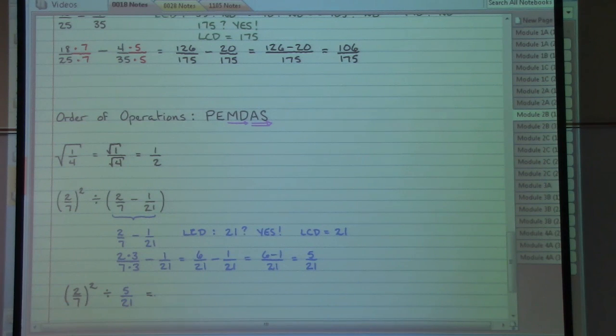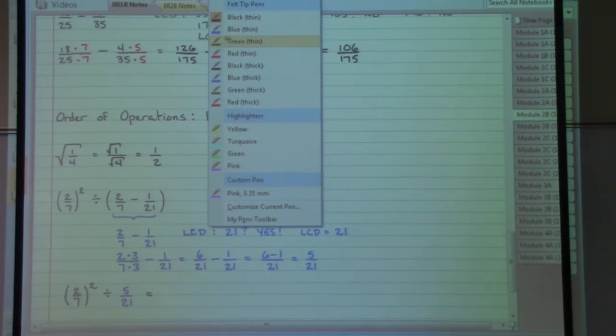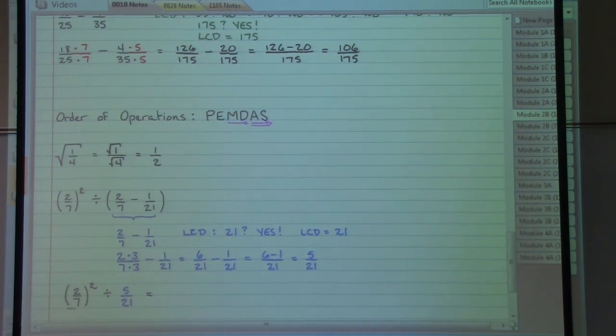According to our order of operations, the next part that we have to worry about is the power. The power is outside a set of parentheses, so for us to work out this next step, we are going to be taking whatever is inside those parentheses and multiplying it by itself.